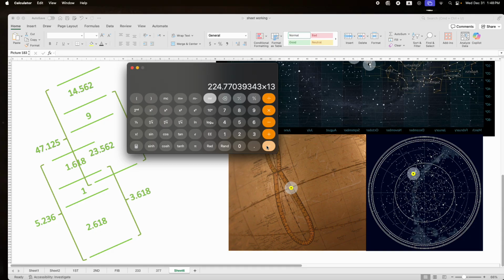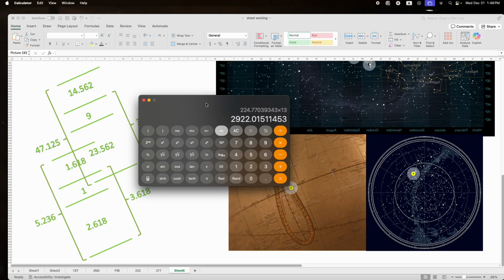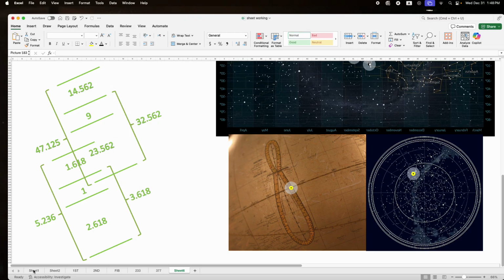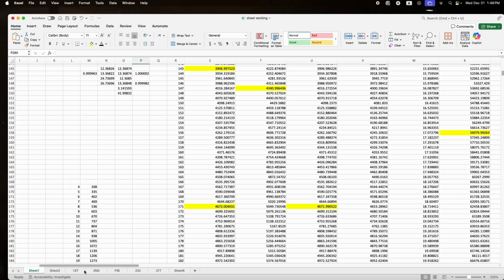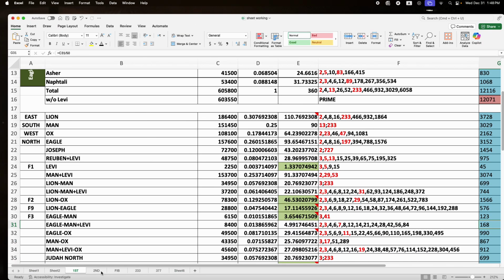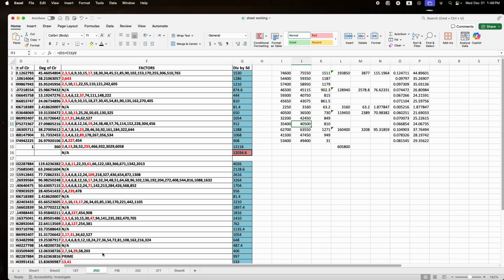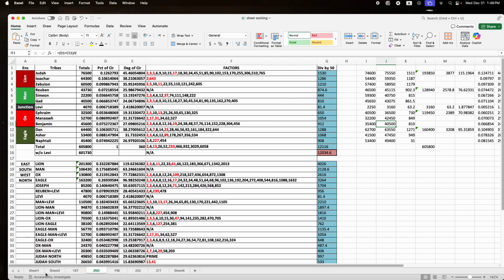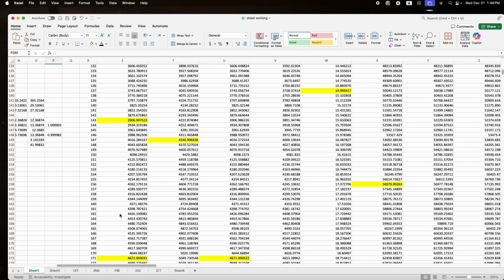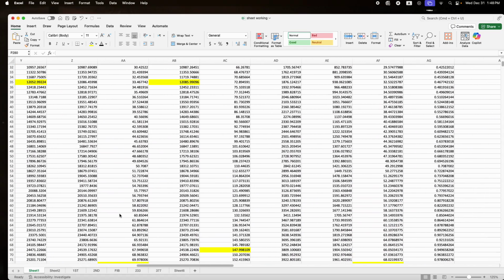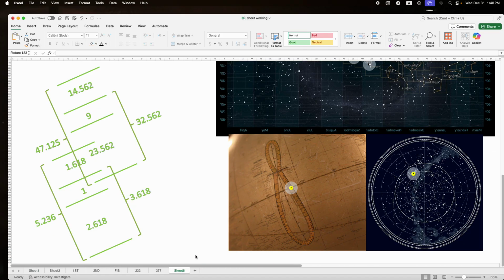And I do find this in values of, I want to say, all the children of Leah. I don't know where I have that at, but I'll have to dig that out, where you find 2922 in these values.